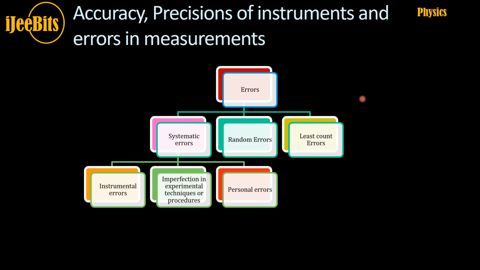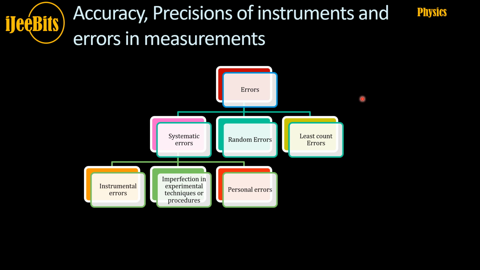Every calculated quantity which is based on measured values may also have an error. So how are you going to distinguish them? We need to understand the concepts of accuracy and precision: what the true value is, and how many times the same value is repeated consistently. So let's see.